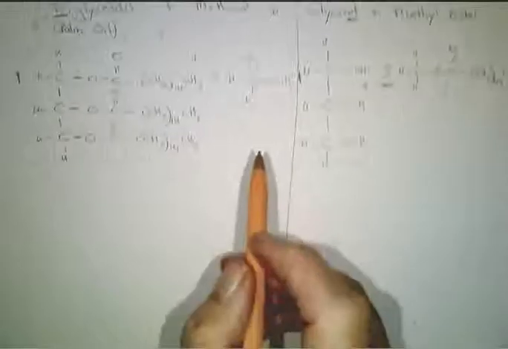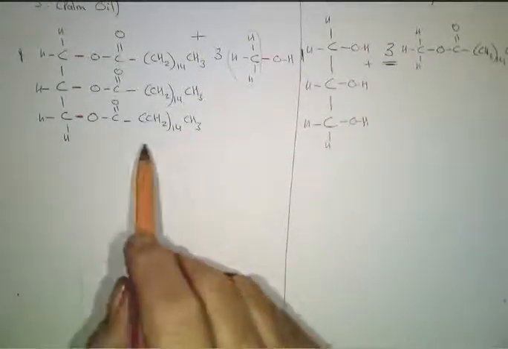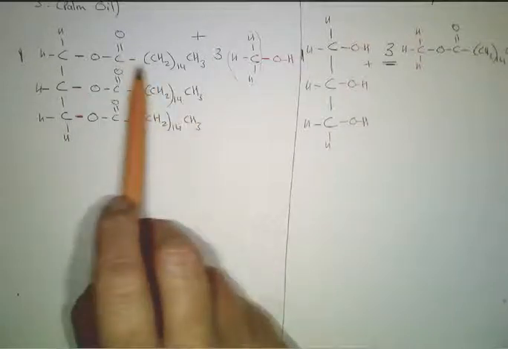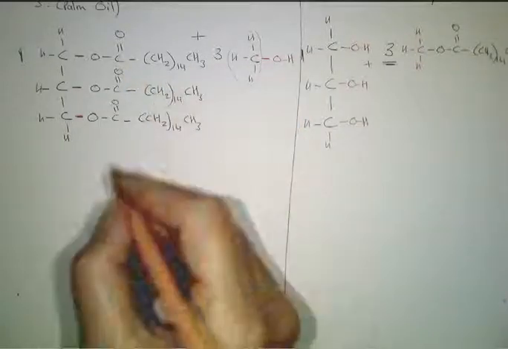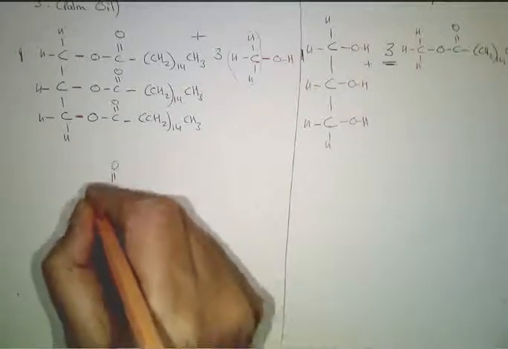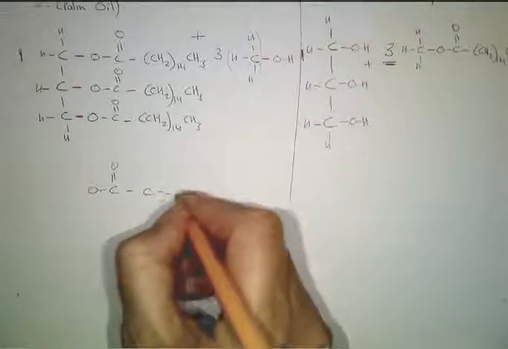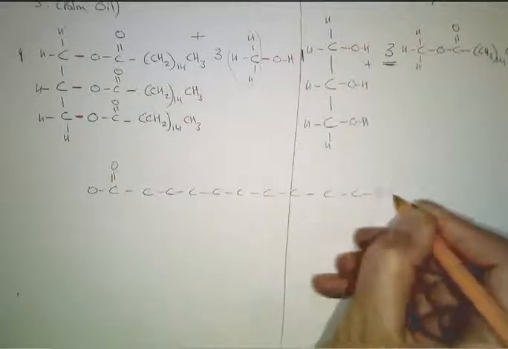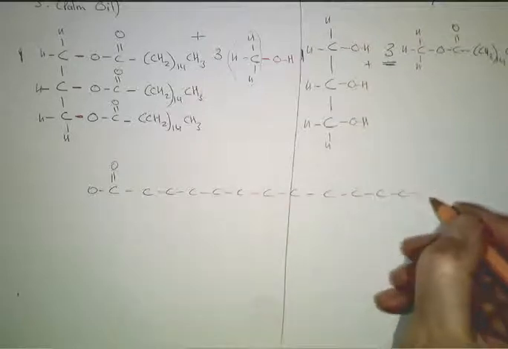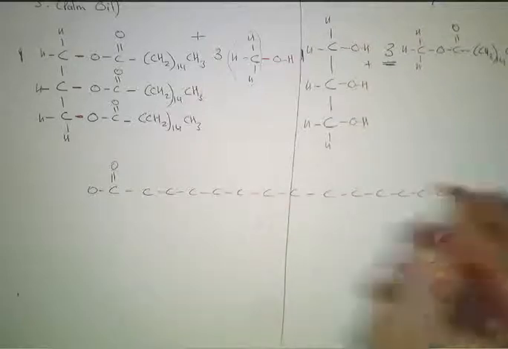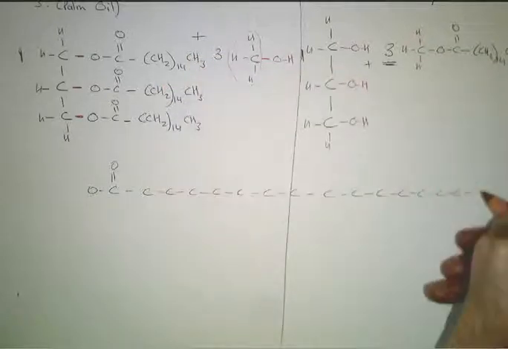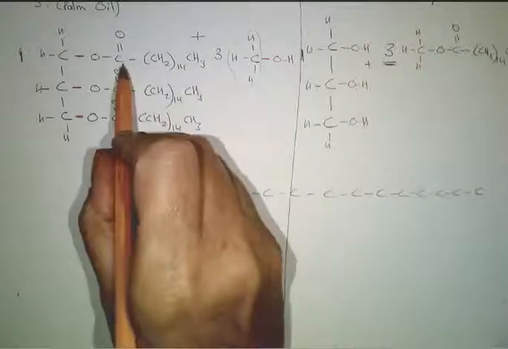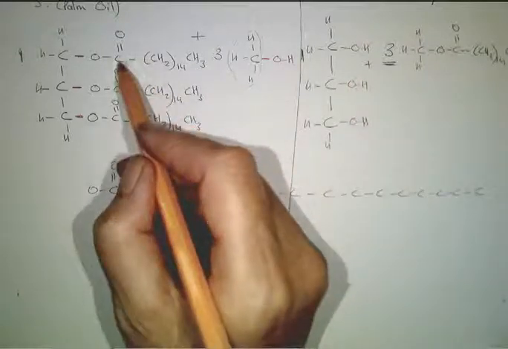A little bit more about this. Your fatty acid chain, sometimes people don't realise how long this is. Counting 1, 2, 3, 4, 5, 6, 7, 8, 9, 10, 11, 12, 13, 14, plus this one on the end, there's 14, 15, 16 carbons. Don't forget this carbon.